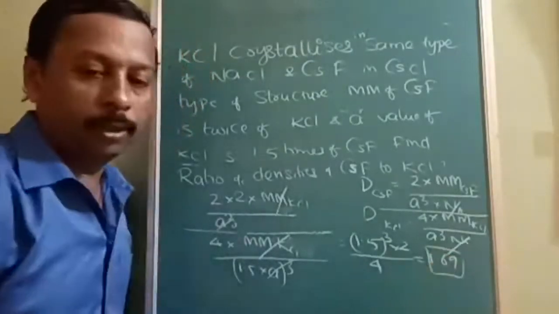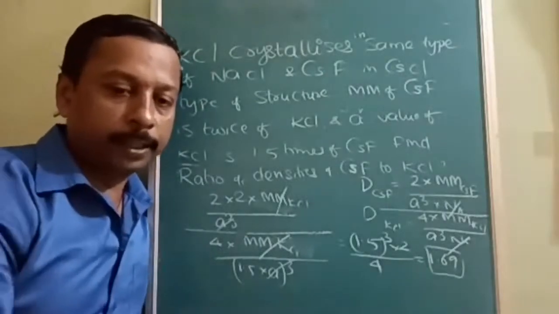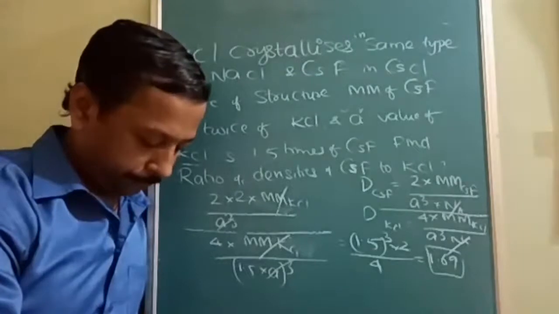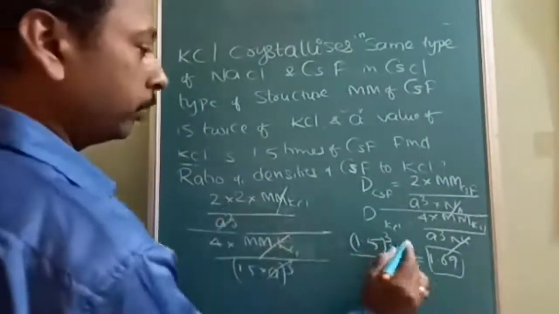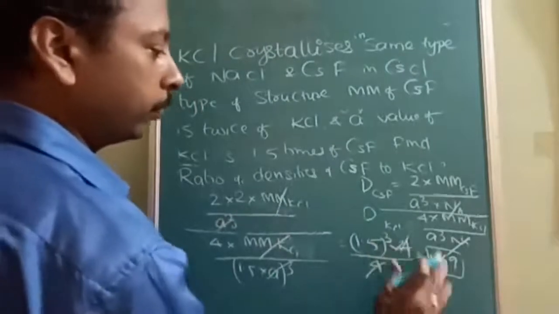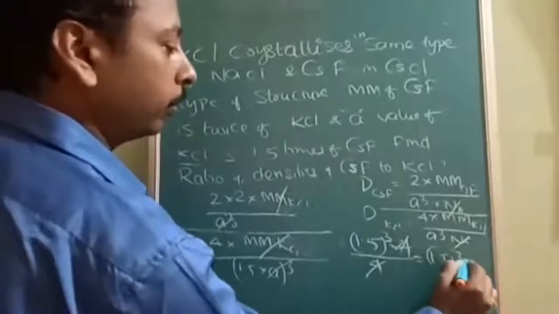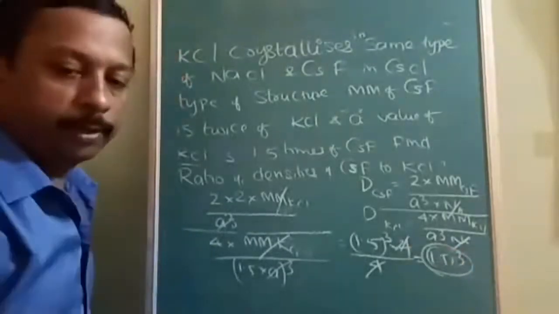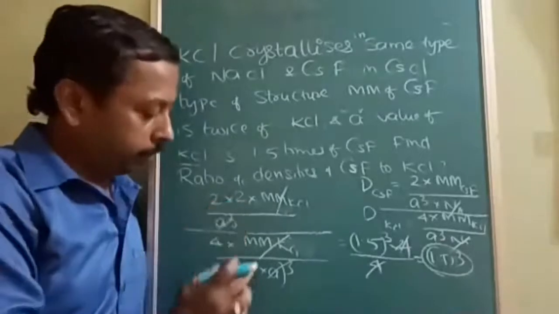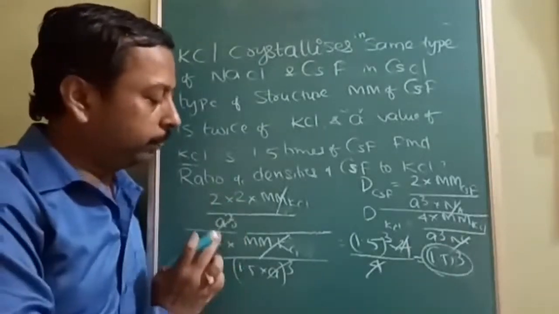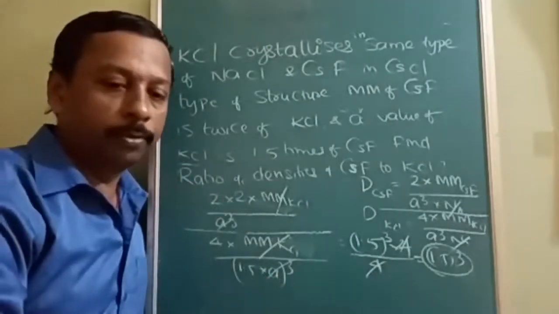The ratio will be 1.69. Here one more 2 is also there, so this 4 and this 4 will get cancelled. The answer will be 1.5 whole cube. This 2 was left over, this 4 and this 4 will get cancelled. The only thing left over will be 1.5 whole cube.